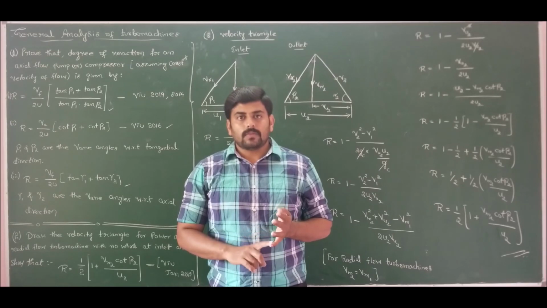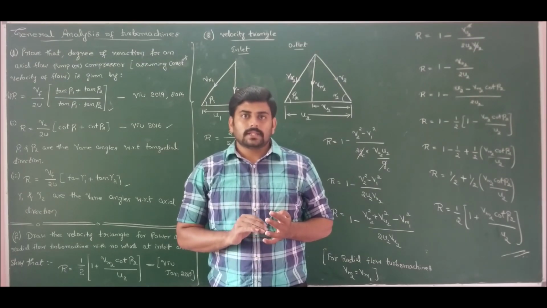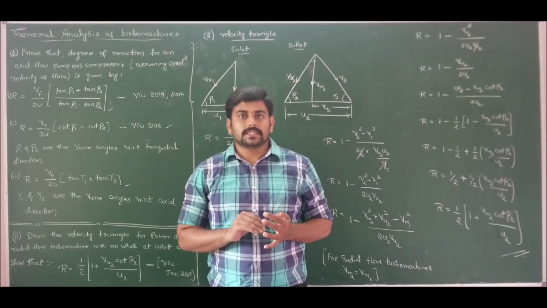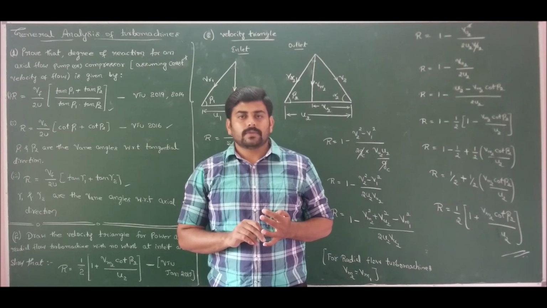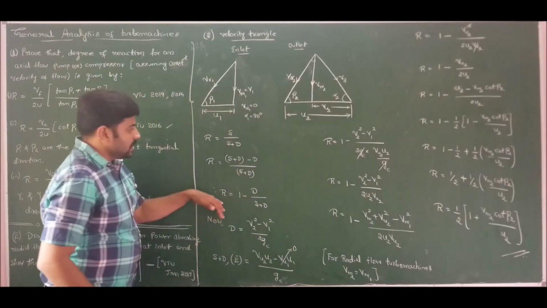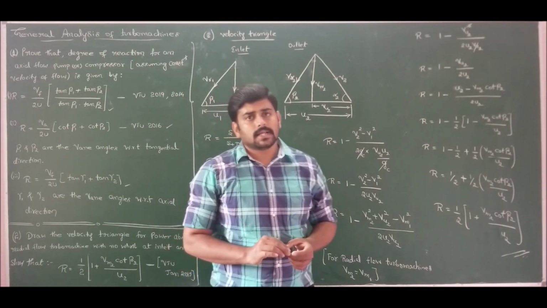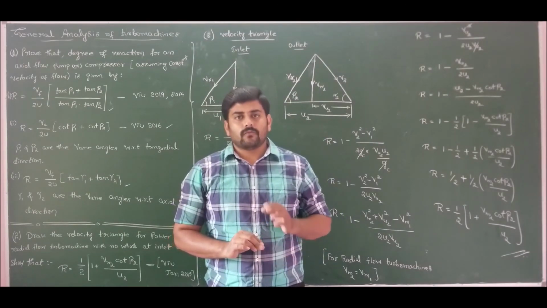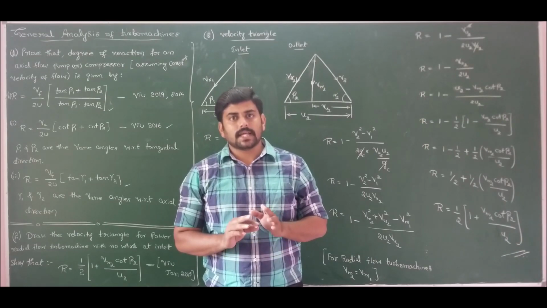Whenever you are solving problems or important proofs on power absorbing turbo machines, the important points are how to write the degree of reaction equation. Whether you should write the general expression, or express it as static component divided by work done per kg and substitute work done per kg in the form of Euler's equation for energy transfer, or express it as 1 minus dynamic component by energy transfer. That is one thing you should practice. Another very important note: whenever you are solving for power absorbing turbo machines, you should write all the expressions in reverse order.